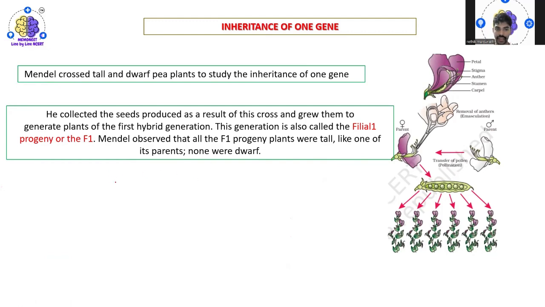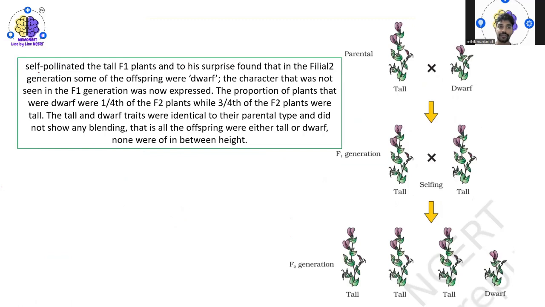As you can see, he crossed one true tall plant, as you can see here, and another one which was dwarf. So what will be the gametes now? T and small t. So in the F1 generation, all the plants were tall and not dwarf. Again, Mendel self-pollinated it.